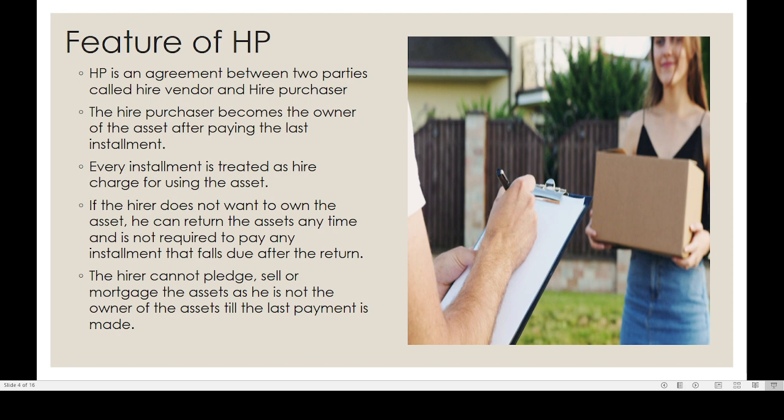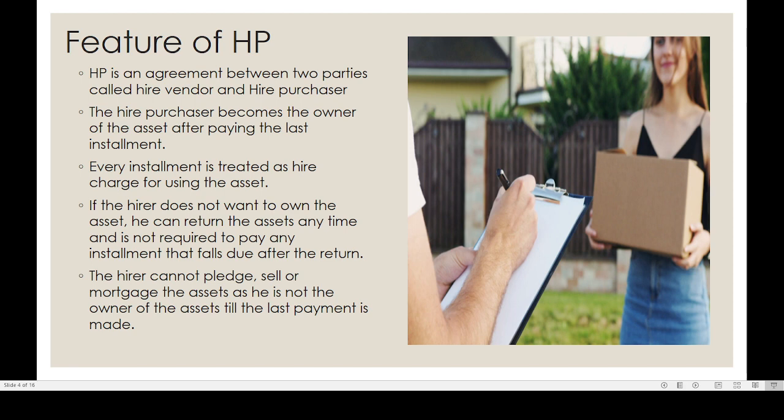In case I pledge the asset and borrow money, that option is not there. Also I cannot sell that product because I am not the owner of it, and I cannot alter it. I don't have any right to alter that particular product. So these are the main features of the hire purchase system.